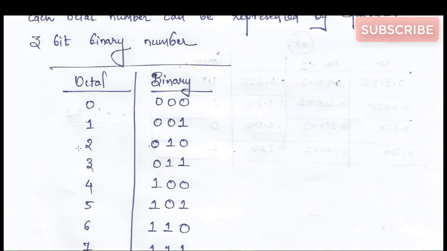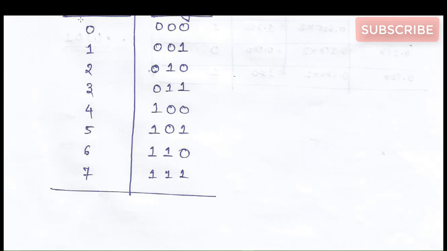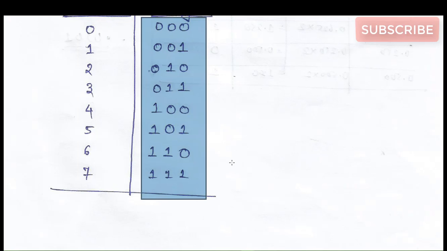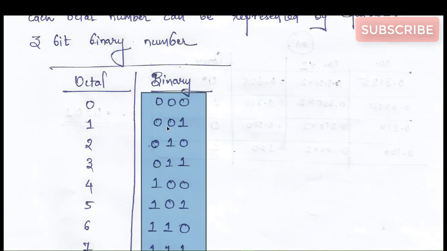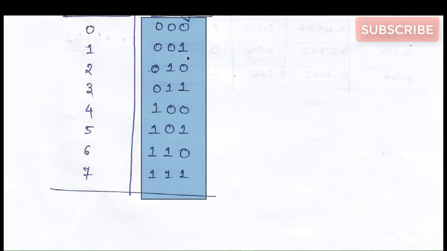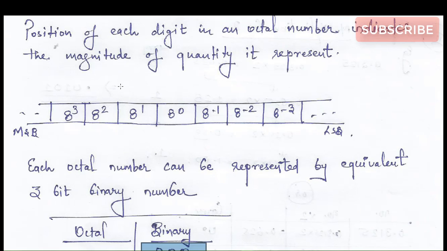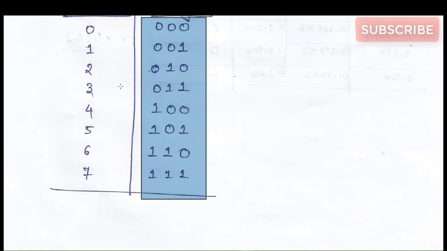Here you can see this is your octal number and its corresponding binary number. Okay, 000, 001, and so on. In my next video I am going to describe how this comes.